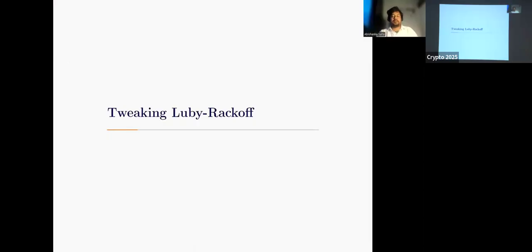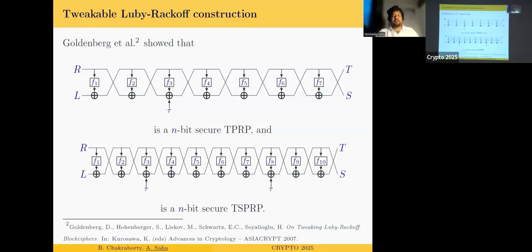Now we come to the question of tweaking the Luby-Rackoff construction, and this was first done by Goldenberg et al., who showed that for single block tweaks, if you take 7 rounds of LR, this is LR, not PLR, this is function based, and inject the tweak in the 3rd round, then you get an n-bit CPA secure tweakable pseudorandom permutation. This is optimally secure.